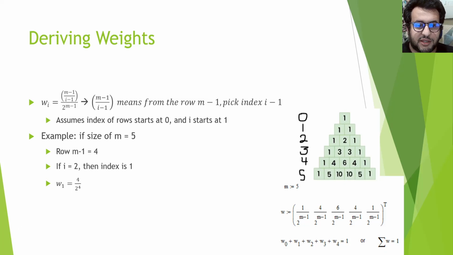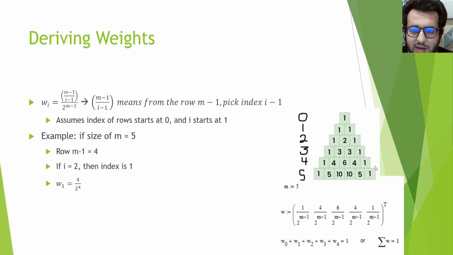So to derive the weights, we are going to be using a binomial choice. This formula is indicating that the weight of whichever index we're using is going to depend on m minus 1. So if our index starts from 0, m minus 1, using the example of 5, 5 minus 1 will give us 4. So we are at row 4, and we will choose this row.